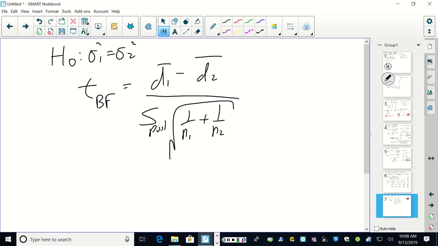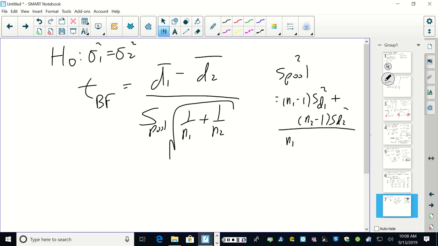And this pooled one, the square of that is going to be N1 minus 1 times the SD1 squared plus N2 minus 1 times SD2 squared, over N1 plus N2 minus 2. And we're going to compare this to a t distribution with N1 plus N2 minus 2 degrees of freedom.